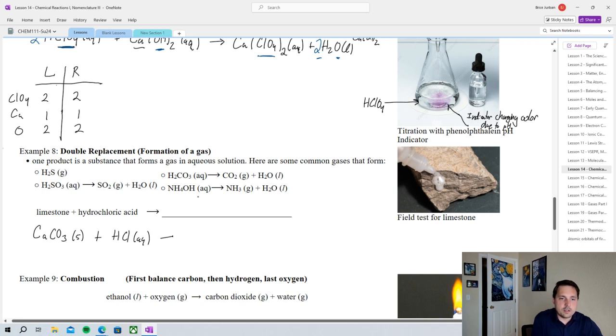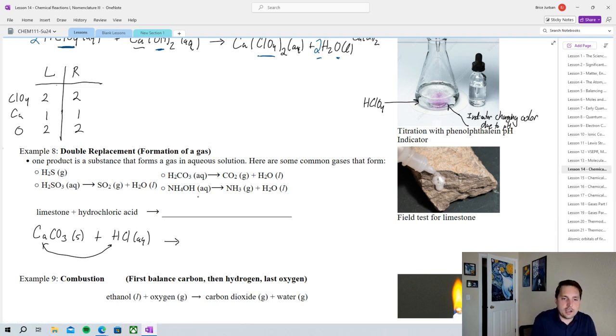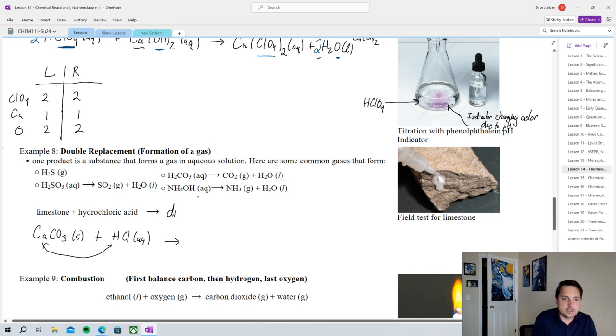And then what we're going to do here is exchange the cations. And when hydrogen combines with carbonate, we end up getting dihydrogen carbonate, which has the formula H2CO3.